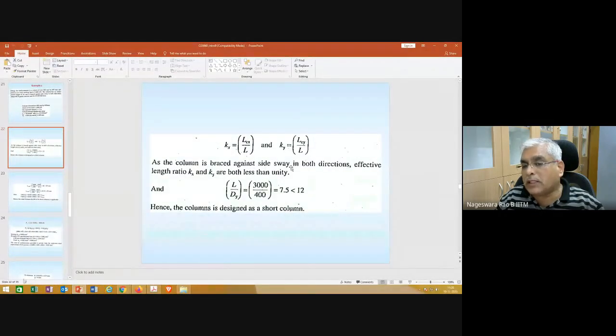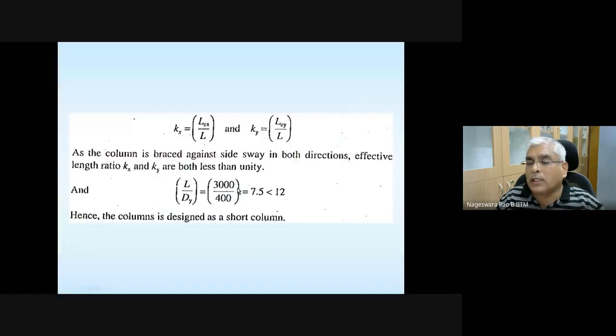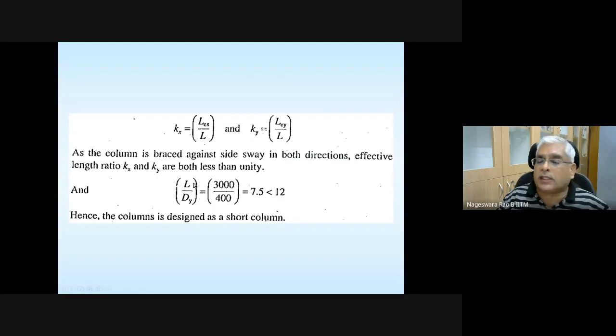It's braced against side sway in both directions, so effective length ratios Kx, Ky are both less than or equal to unity. At most, it's going to be equal to unity. So instead of calculating the effective length in X direction and Y direction with the specific value of these ratios, unsupported length is taken directly.